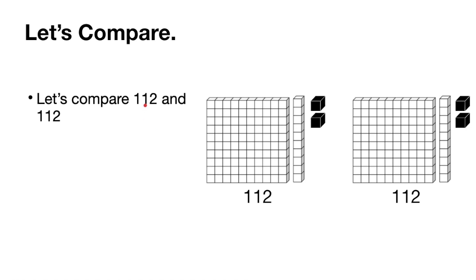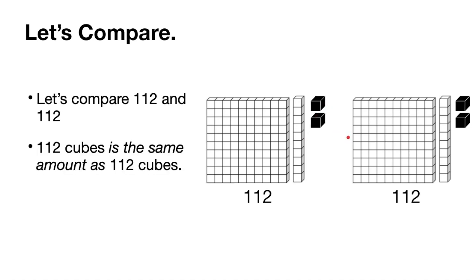So we're going to compare 112 and 112. I put them both up because they're exactly the same amount. So if you have 112 cubes and 112 cubes, if we look at the place values, remember they said to look at place values.